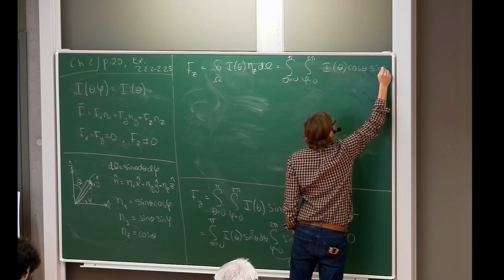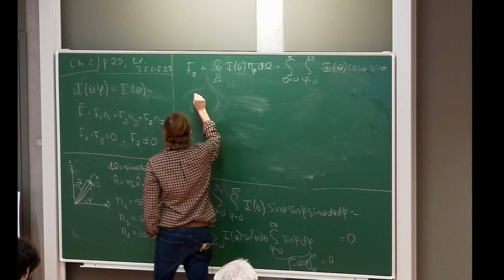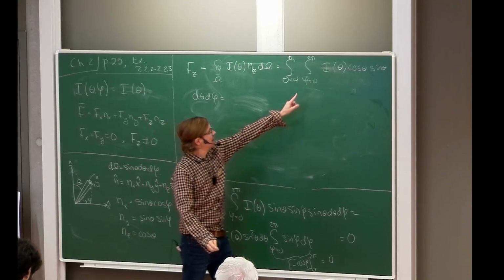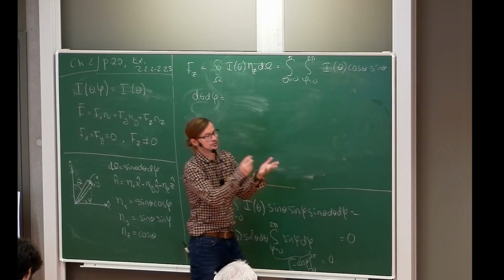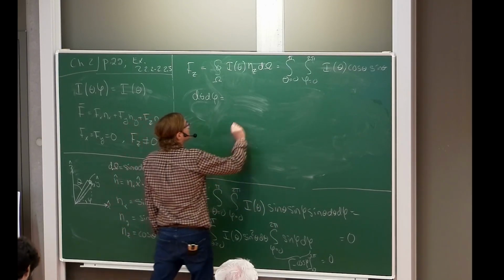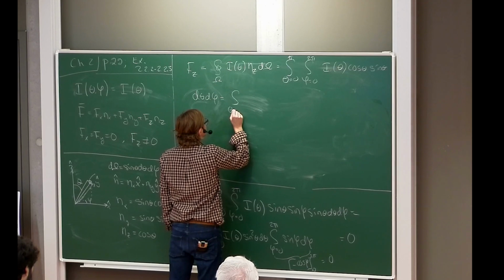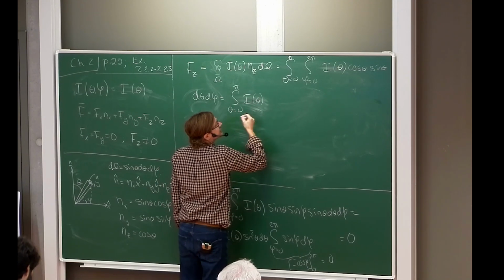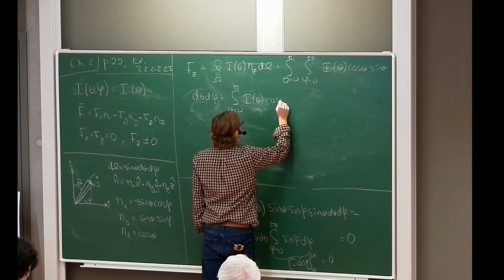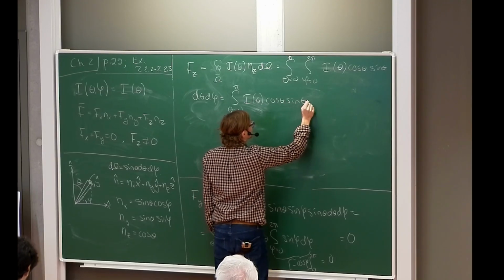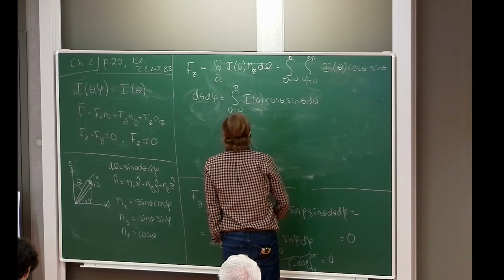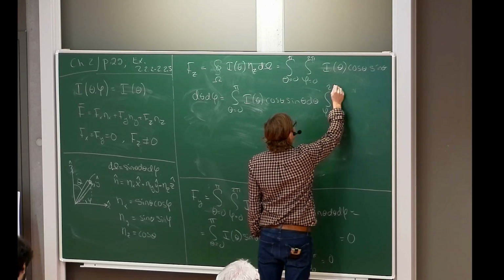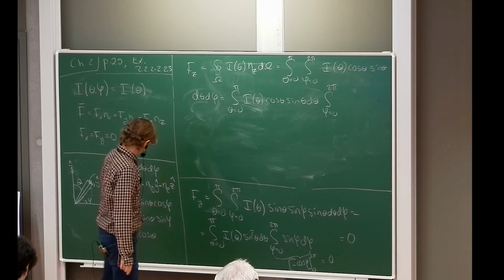Then it's sine theta d theta d phi. Again, this is not a function of phi, so we can split the integrals: theta from 0 to pi, I of theta cosine theta sine theta d theta, and the integral over phi from 0 to 2 pi, but now we don't have anything there.